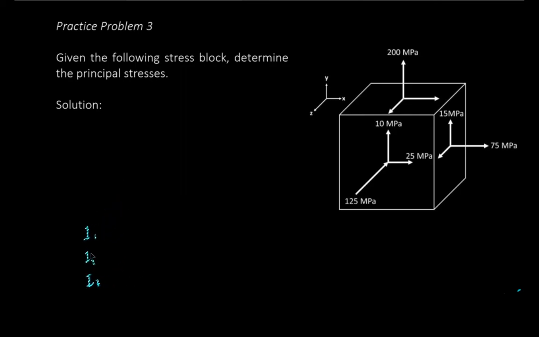Before we begin, let me just show you our stress tensor, and let's just call it the matrix A. This stress tensor is sometimes referred to as the Cauchy stress tensor. The Cauchy stress tensor can actually be broken down into two components.